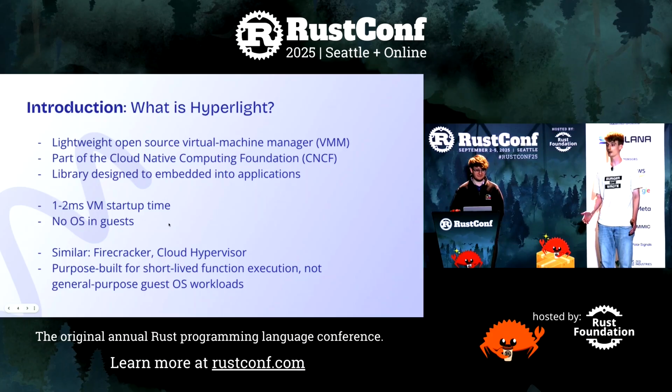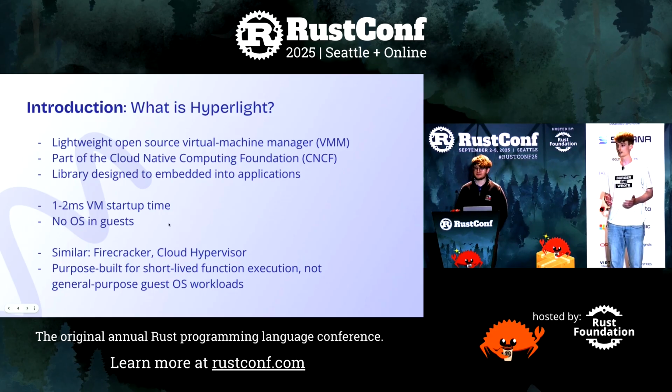You can think of Hyperlight as similar to other VMMs like Firecracker or Cloud Hypervisor, but Hyperlight focuses more on executing short-lived functions securely, whereas those others are more general purpose, built for general purpose guest OS workloads.